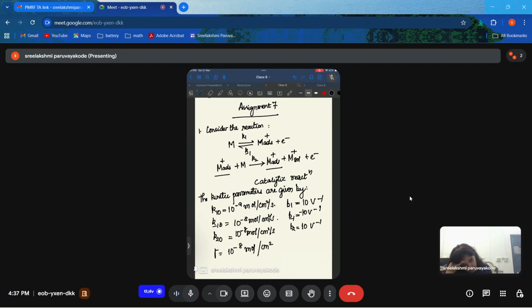Now the question is that V DC equal to 0.1 volt versus OCP.